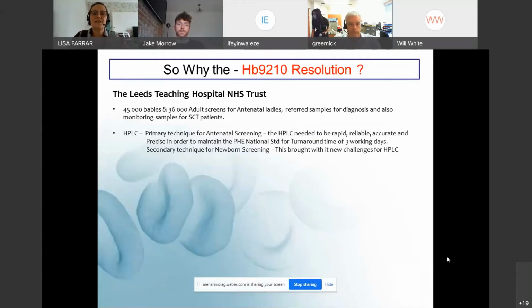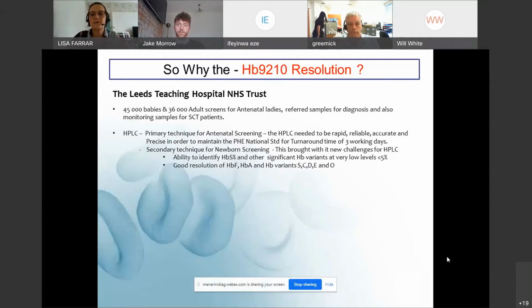HPLC is our secondary technique for newborn screening, with tandem mass spec being our frontline technique, but this also brought with it a lot of new challenges for the HPLC systems of choice in the lab. We needed to have the ability to identify hemoglobin S and other significant variants at very low percentages of less than 5%.